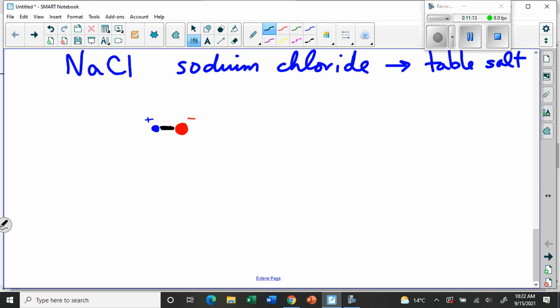But what happens if another one comes along? Well, what if you have this over here and another one like that, with their strong attraction between them. And of course, I'll just put the minus here, put a plus here. Well, you'll notice that the plus here will also be attracted to the minus over here.